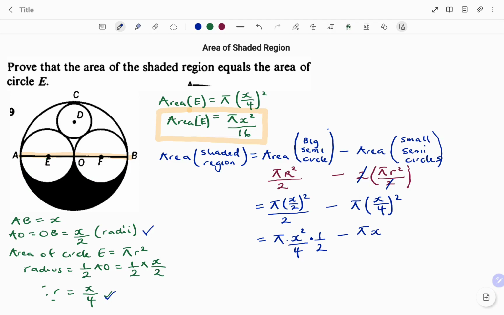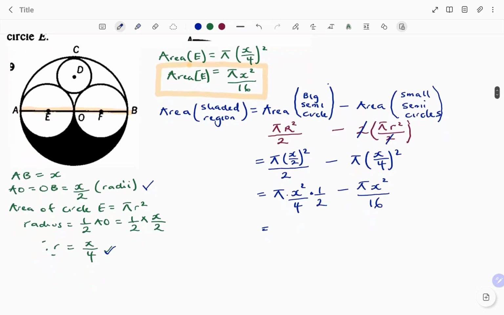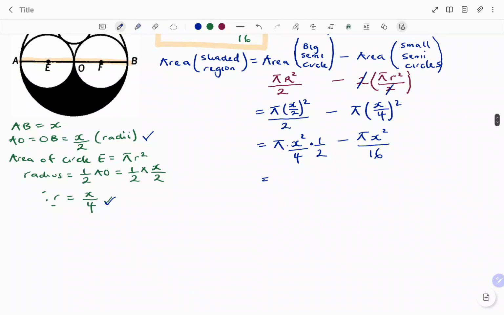minus pi x squared over 16. If I simplify further, I have pi x squared over 8 minus pi x squared over 16.